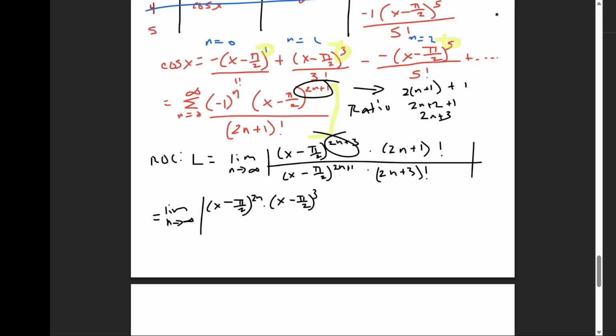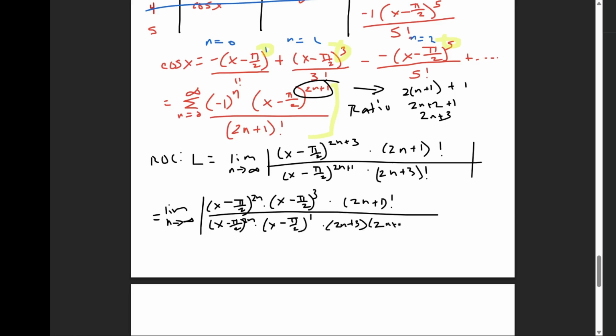That's the rule. Then over here, x minus pi over 2 to the 2n times x minus pi over 2 to the first power, times, and then we expand this until we get what we want, which in this case is 2n plus 1 factorial.